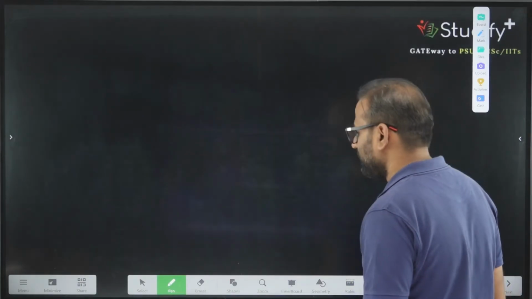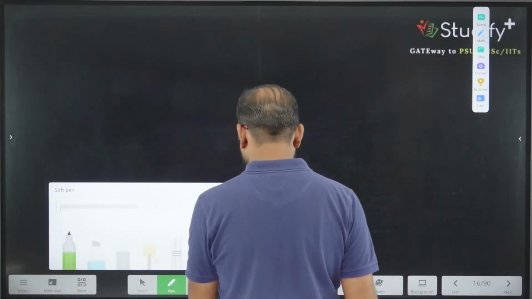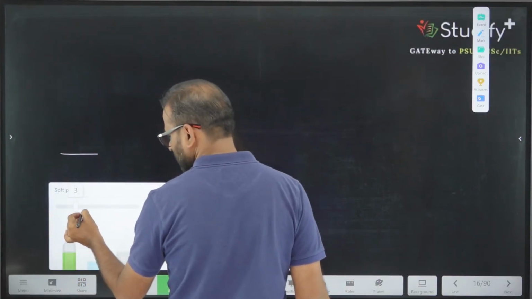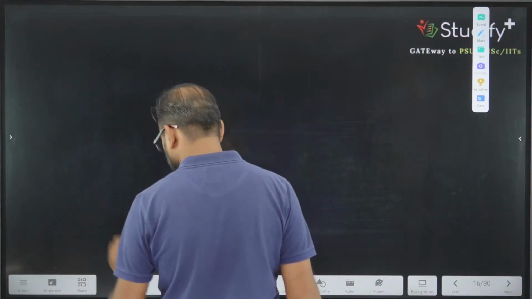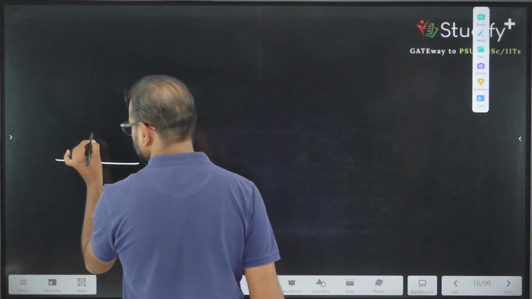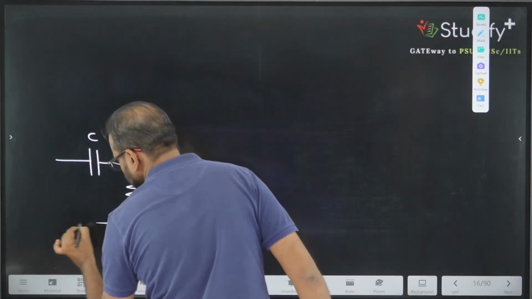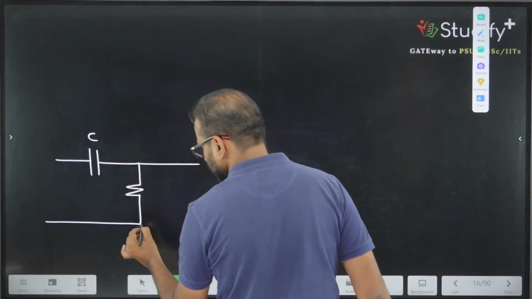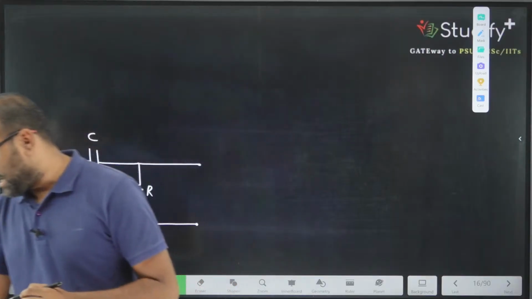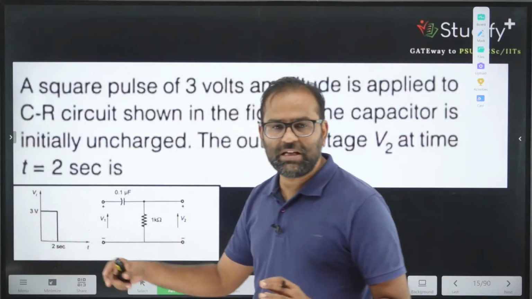So here we have one circuit. The circuit is given like this: one capacitor C and one resistance R. The input is given as VI, and VI is a square kind of pulse.